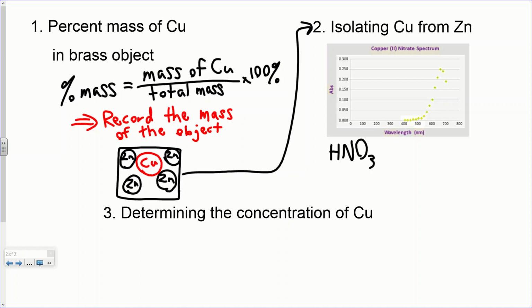So what nitric acid is going to do is it's going to oxidize both the copper and the zinc in the brass sample.